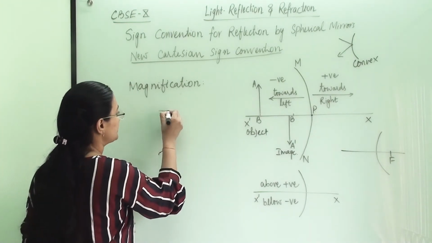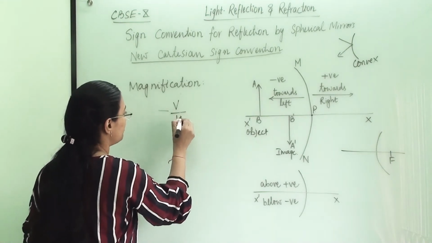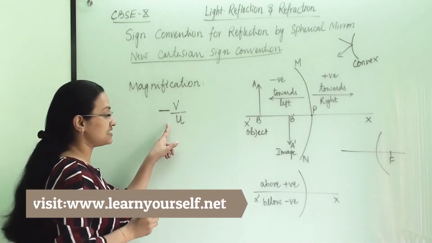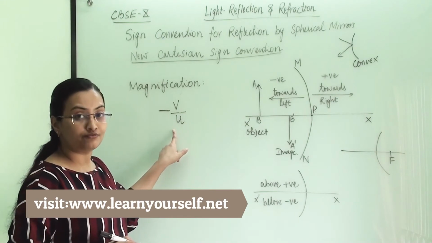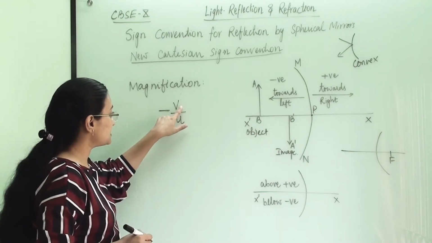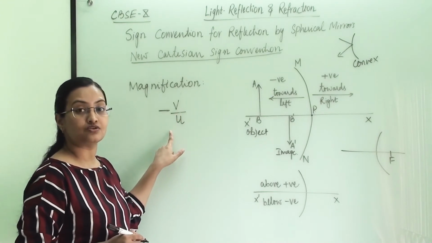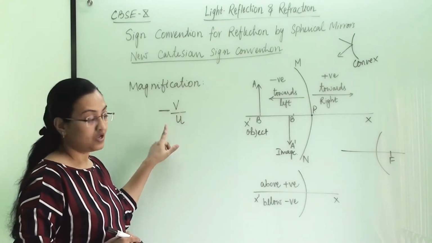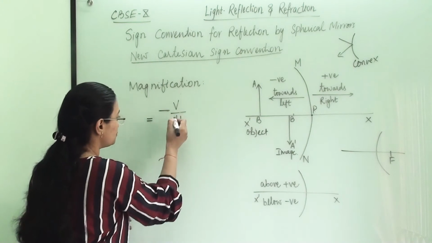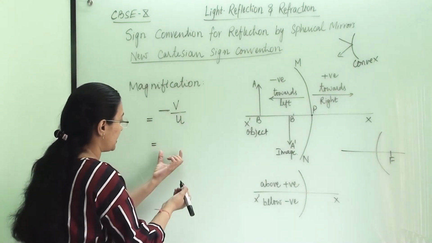The formula is minus V divided by U. So there is a minus sign in the formula. V is the distance of the image from the pole P, and U is the distance of the object from the pole P. Once we put these two values in, we will get one answer.